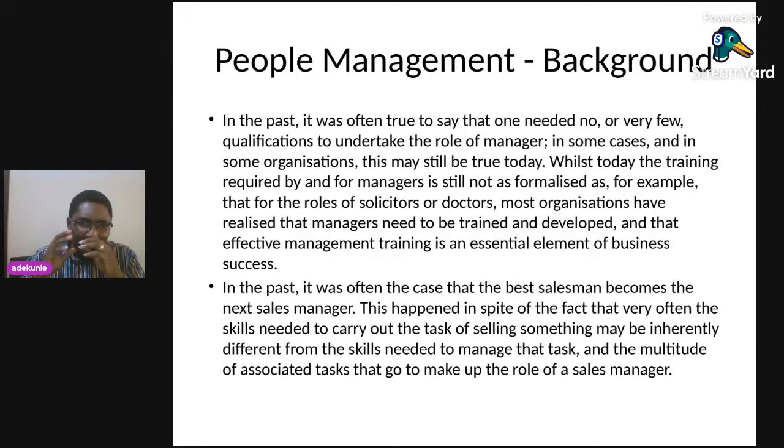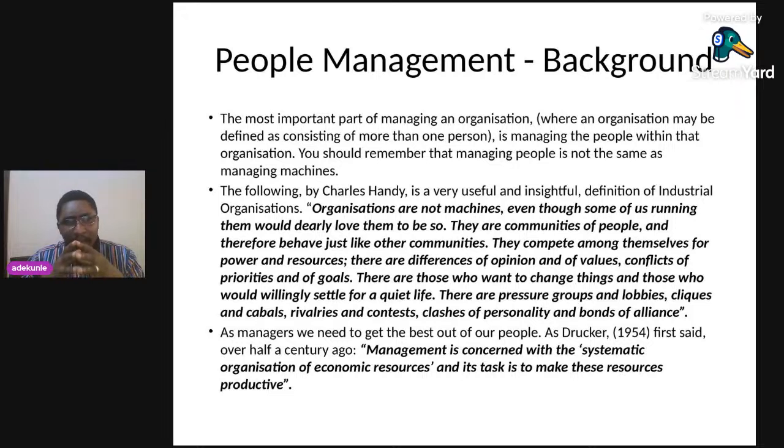Even in managing people, we see that training is actually required. Training and development is key for human resource management, and people can go for refresher training. People can be trained to fit into a new working environment.